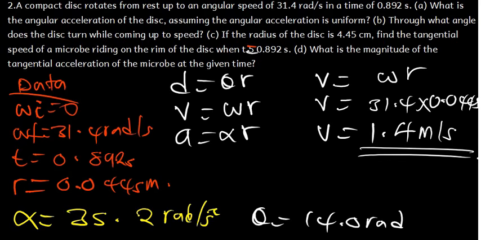The next question is saying, what is the magnitude of the tangential acceleration of the microbe? The tangential acceleration is the same as the linear acceleration. So we can use this to find the linear acceleration. The angular acceleration is 35.2 times the radius, 0.0445.